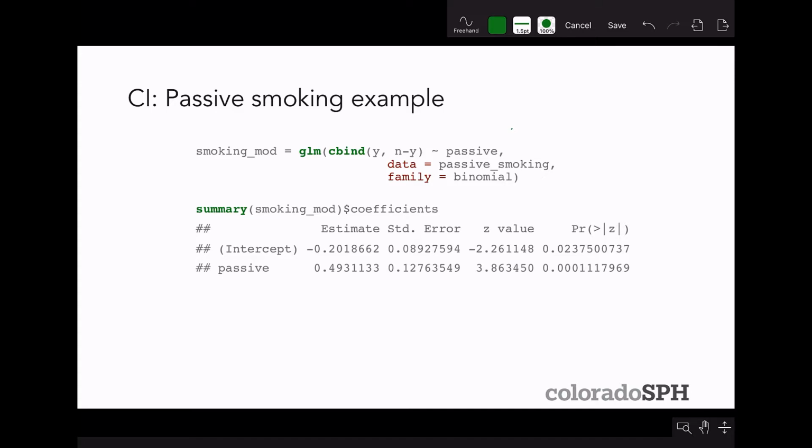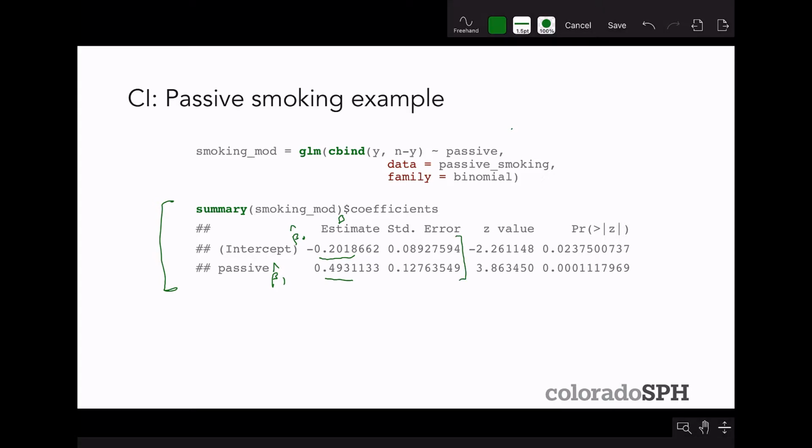And so just looking at the estimates that are produced by that model, we have this table here, the estimate column, that's your betas. You have the intercept, that's beta 0. You have passive, that's beta 1. And these are your values here, beta hat. Those are the MLE values for those parameters. And then you also have the standard errors here.